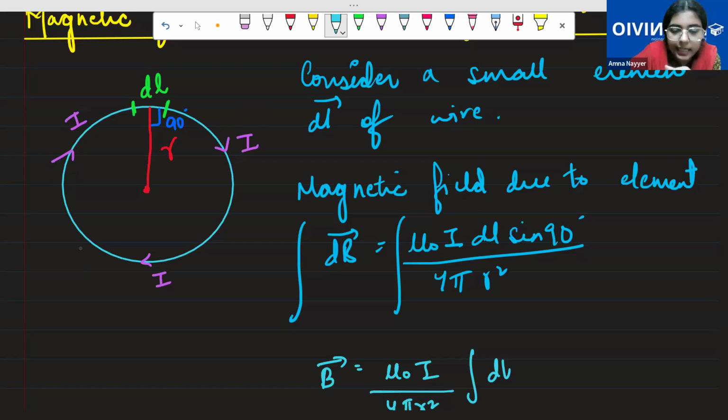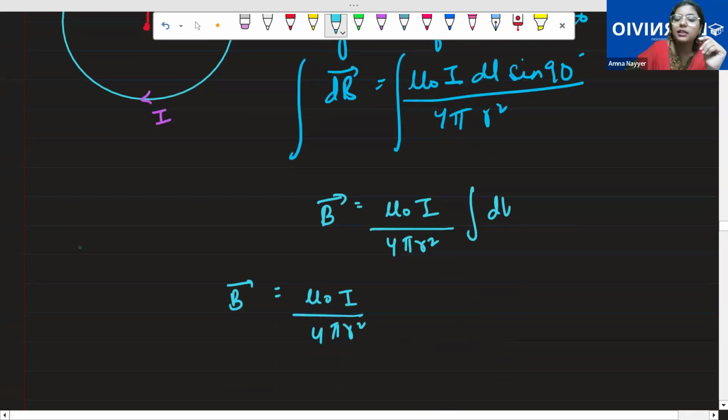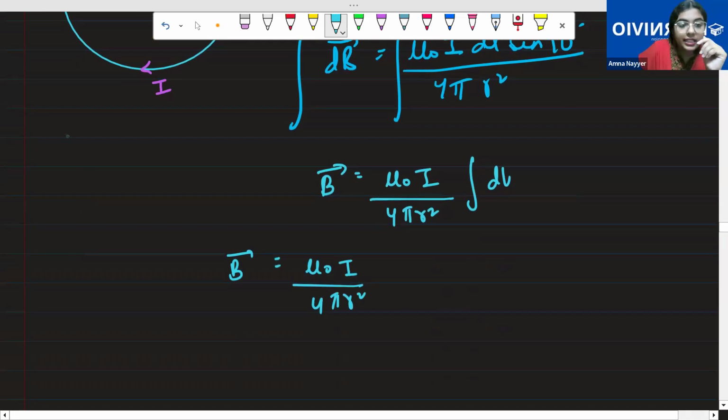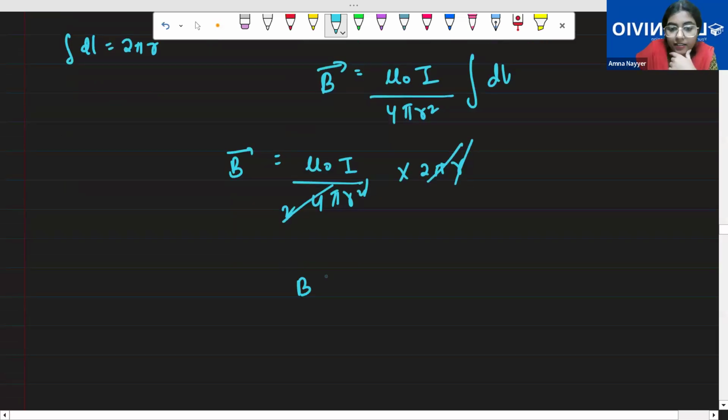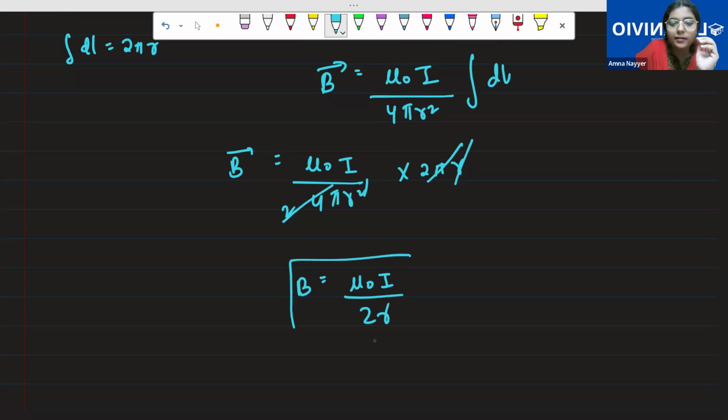If you add all the lengths, it will give you the length of the circle back. So integral of dl will be 2 pi r, which is the circumference, into 2 pi r. R will be cancelled. 2 pi will give you 2. The magnetic field at the center of a circular loop is mu naught I by 2 r.